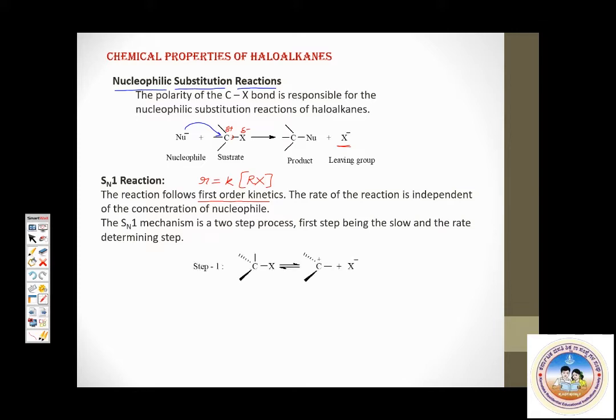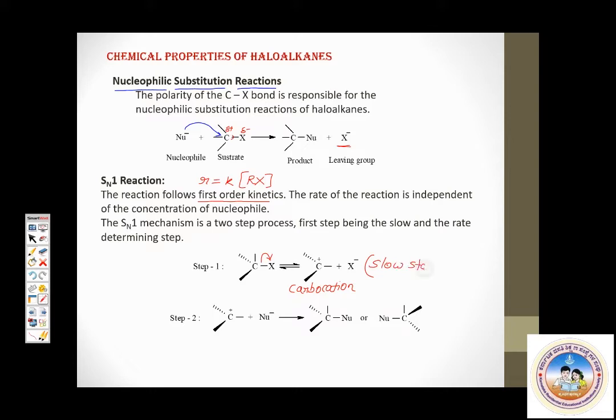Look at this. Step 1 involves heterolytic bond fission of the carbon halogen bond. That creates two species, a carbocation and halide ion. And this happens to be the slowest step, or what you call the rate determining step.